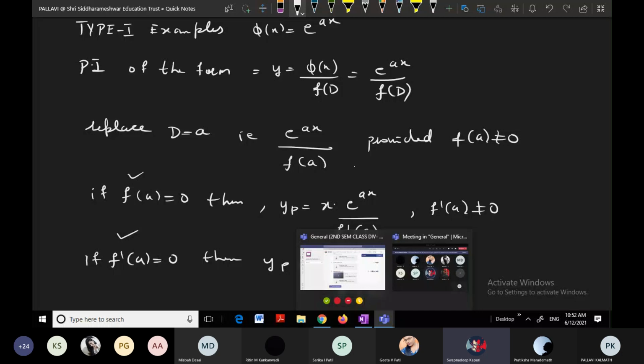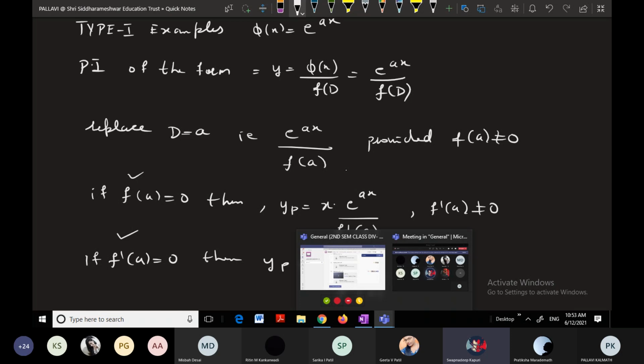Infinity, so the term is not defined. We cannot keep the terms undefined, no?